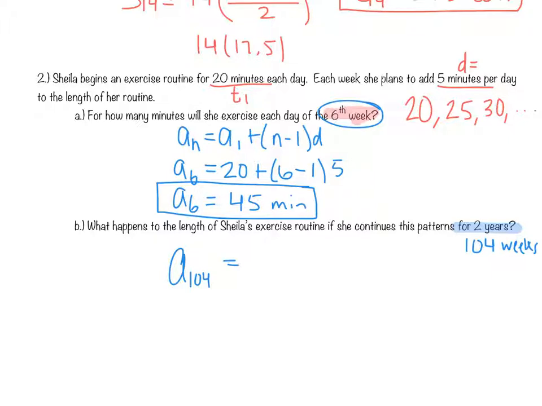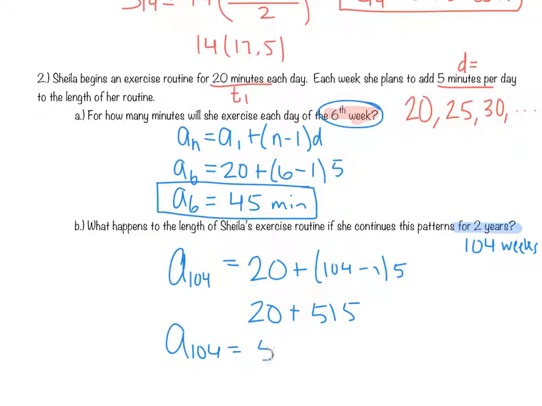Again, we take the first term plus now 104 terms minus 1 times the common difference of 5. 104 minus 1 is 103. 103 times 5, and I have to get a calculator for this. 103 times 5 is 515. So you have 20 plus 515, which ends up being 535 minutes per day that week.